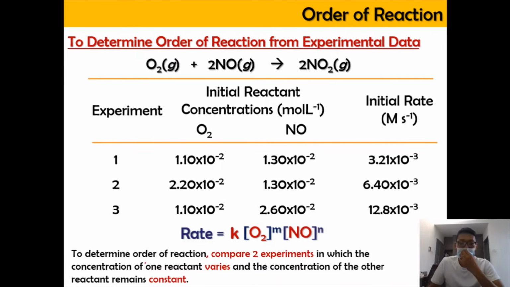So in order to determine the order of the reaction, we have to compare 2 experiments in which the concentration of one reactant varies, one changes and one is maintained, and the concentration of the other reactant remains constant. So, in order for you to understand this better, let's look at the example.